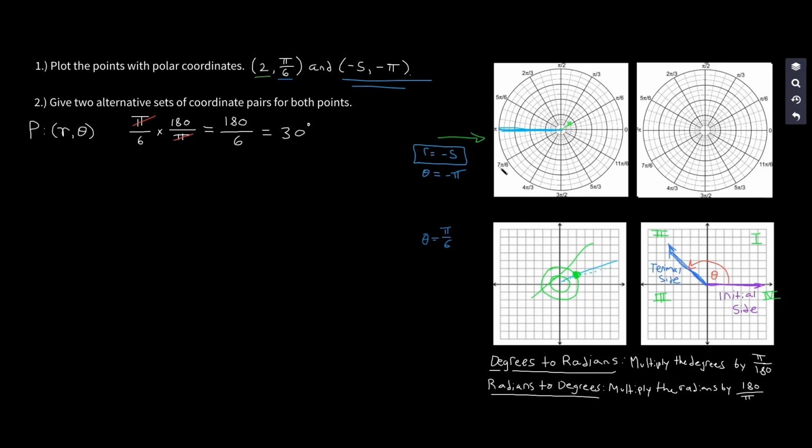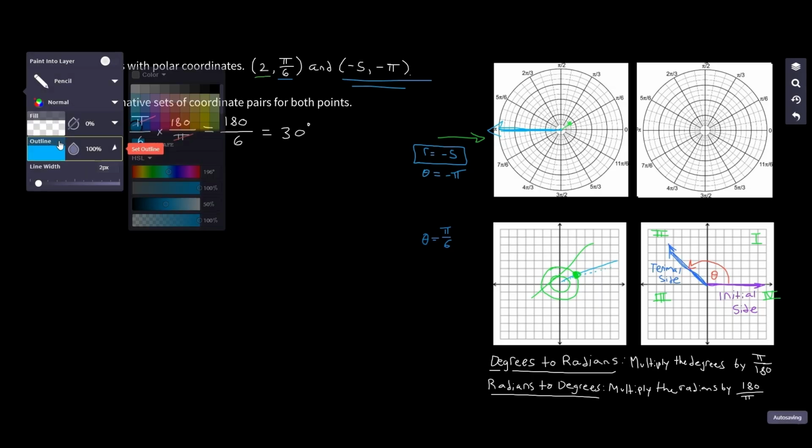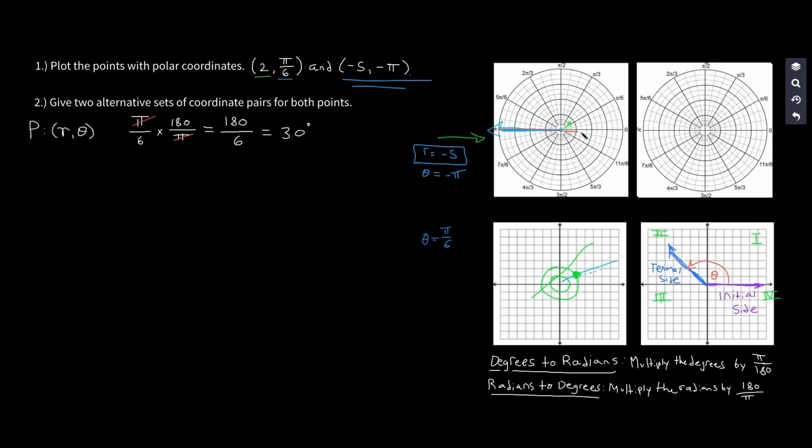You walk towards the right, because we're going negative from this direction. We're facing this direction, right? But we're going to walk backwards this way.